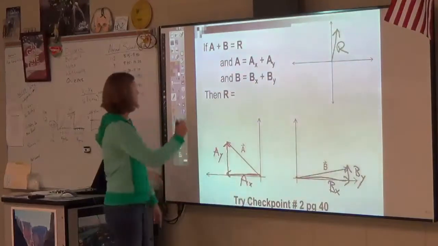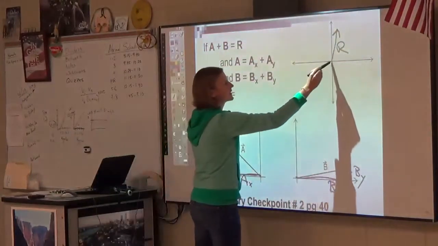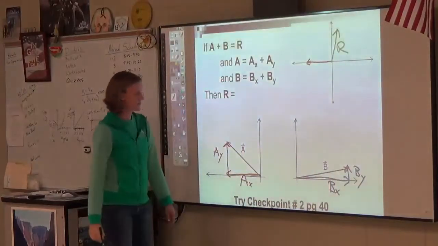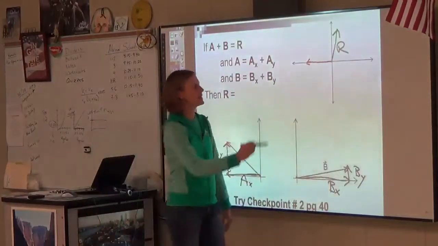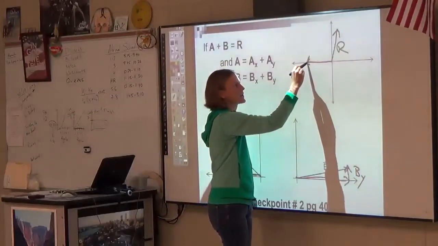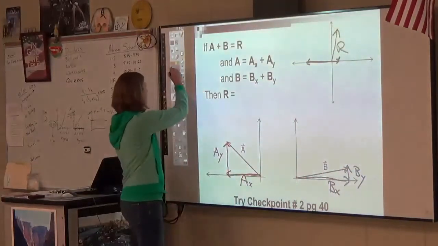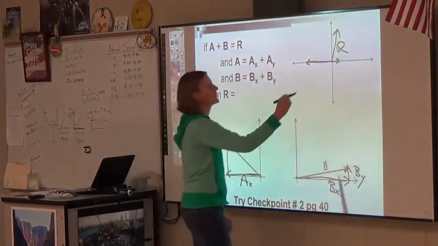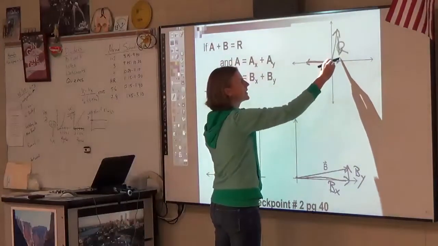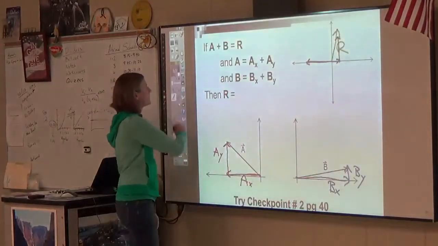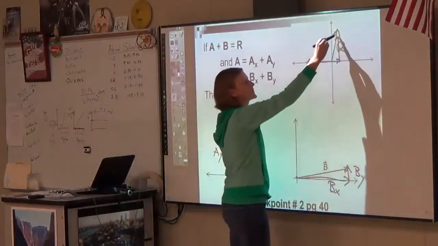So AX was to the left, like so. BX was to the right. So I'm still adding these head to tail. So starting here, going to the right over a little bit. AY was up, but I'm not quite to my resultant yet. And then BY was up just a little bit more.